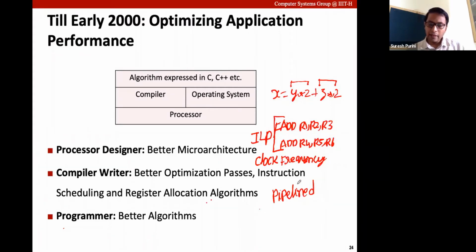But pipeline parallelism is good, but there are more sophisticated architectures called superscalar processors, which you wouldn't have studied in your CSO course. You usually study superscalar processors in an advanced course on computer architecture. Okay, pipeline and superscalar processors.